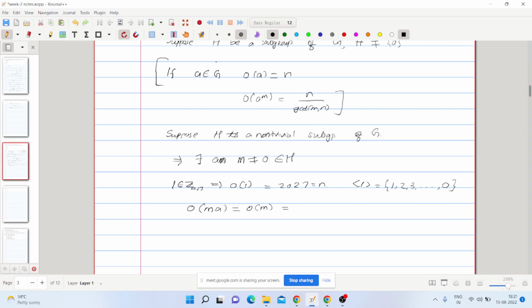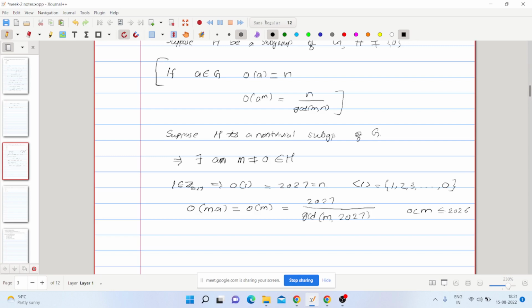So, by this theorem, the order of A power m is n by GCD of m and n. Here n is 2027 and the GCD is GCD of m and 2027. We don't know what m is. m can be any number between 1 and 2026, because m is not 0, but m can take any value from 1 to 2026.